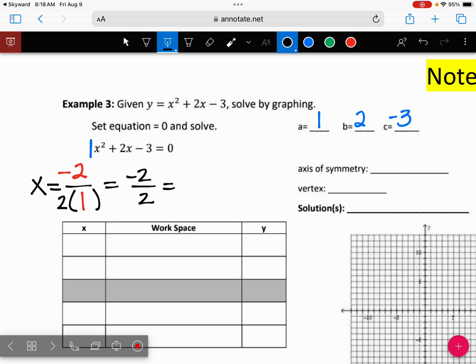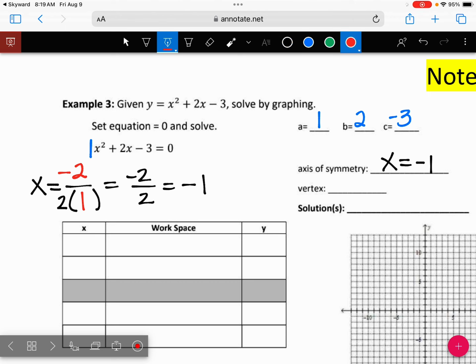Go ahead and see what you get. What did you get, Rowan? -1. Anybody else get -1? Okay. So we're going to put x equals -1 right here.